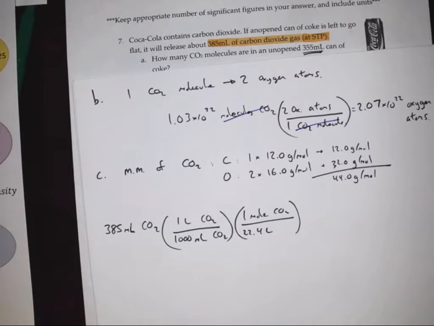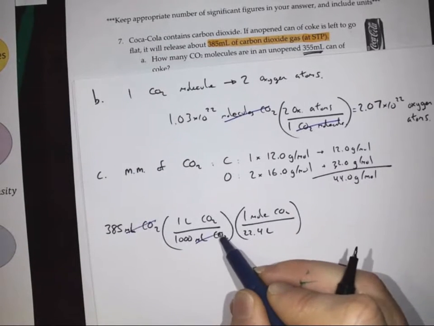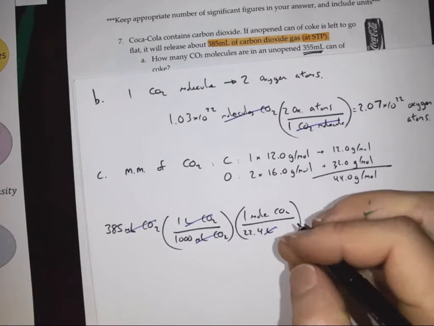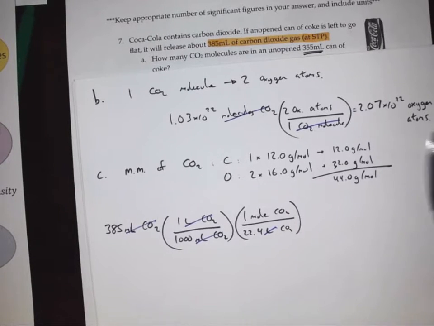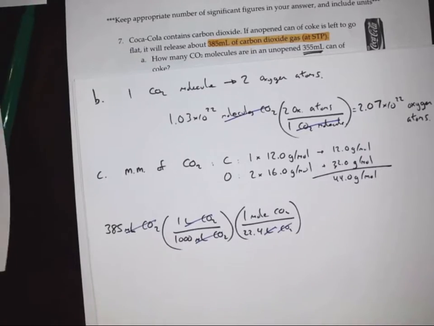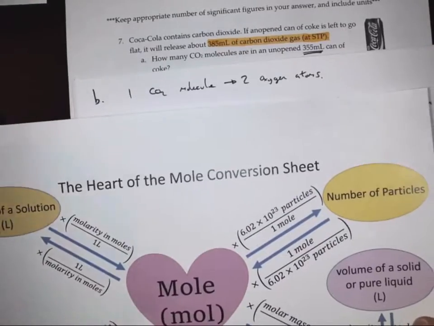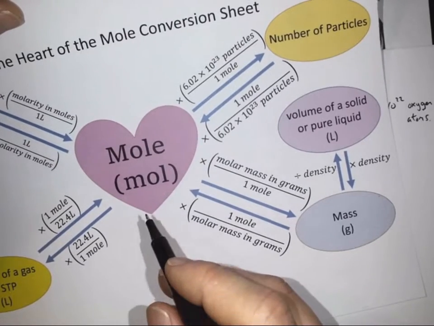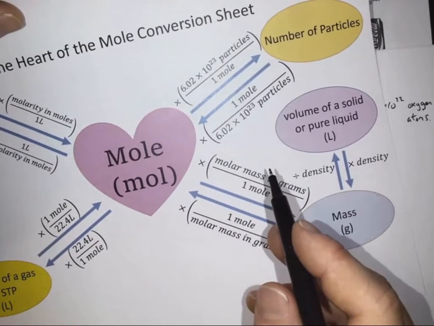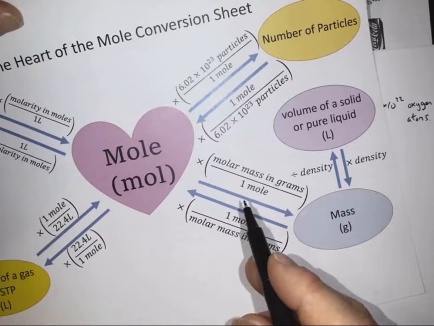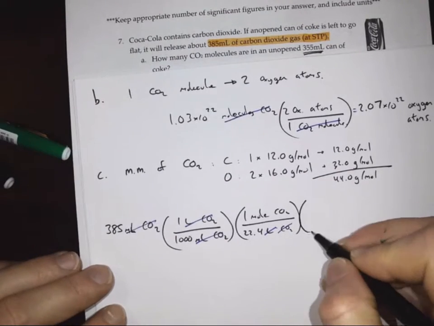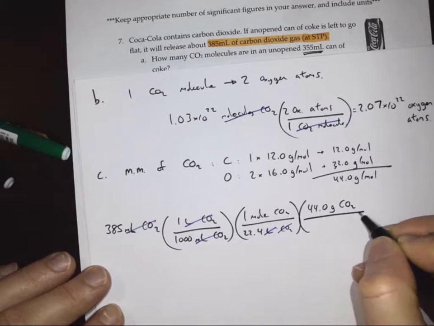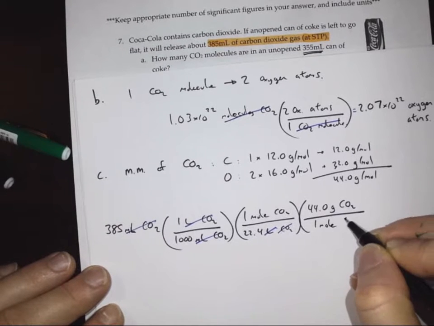I'm going to stop partway and just make sure all my units cancel out, milliliters cancel out, liters cancel out, and then I'm going to stop and say, okay, for moles, I'm going to find my mass. So I'm going to use my molar mass, 44.0 grams of carbon dioxide for every 1 mole of CO2.